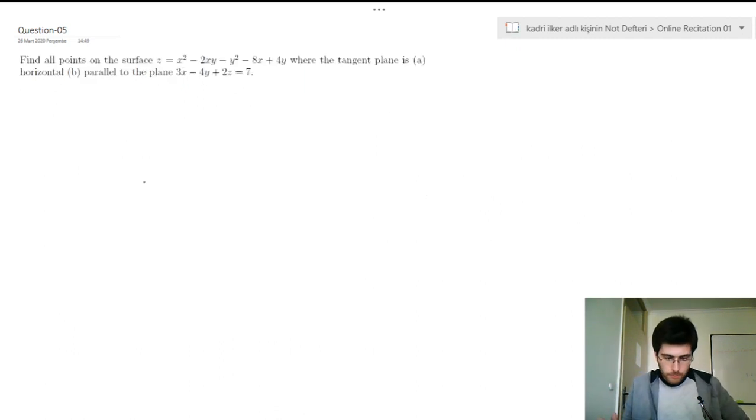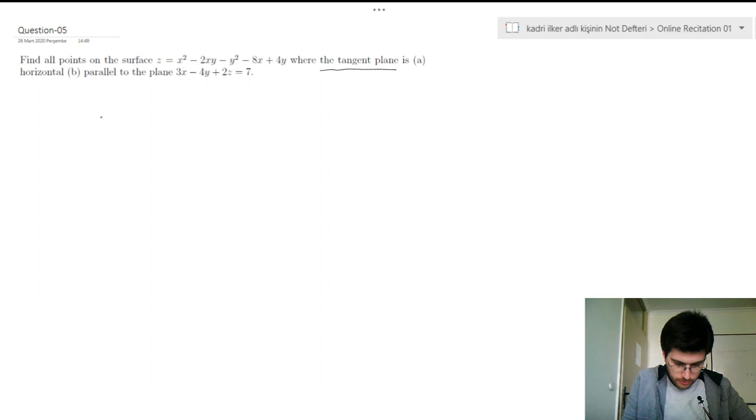Here's the next problem. Now the next problem is about really understanding the tangent plane. Of course I should sketch the previous picture, or maybe something else.